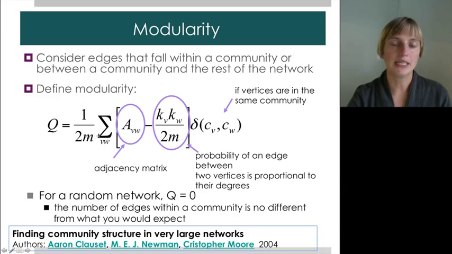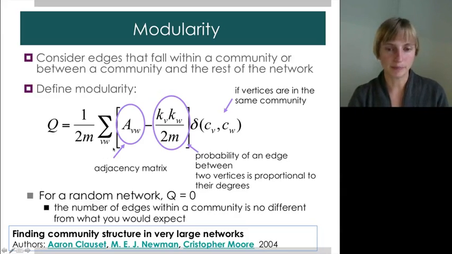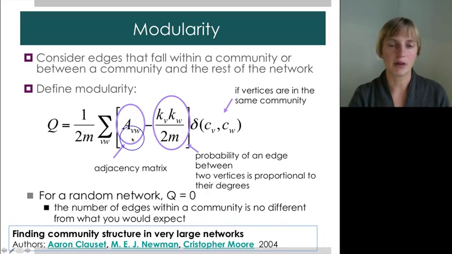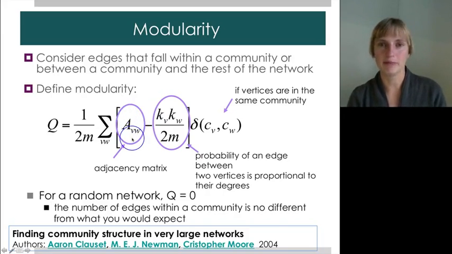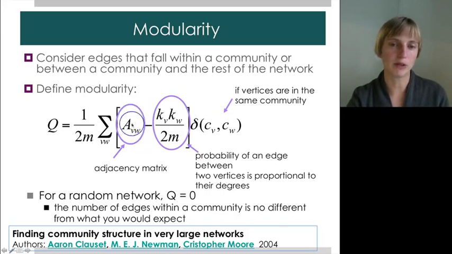And we're doing this for all pairs of nodes. For a random network, or actually also for a random community assignment, there'd be no difference between what you observe and what you expect on average, and so your modularity would be 0.